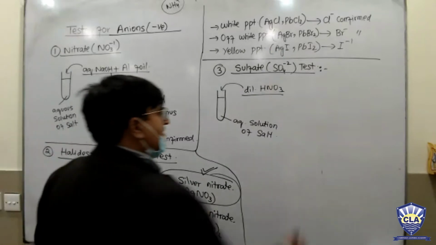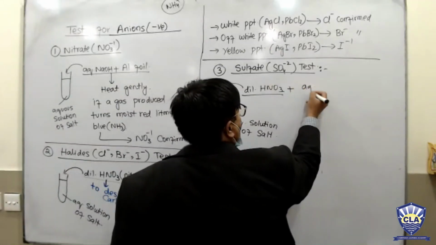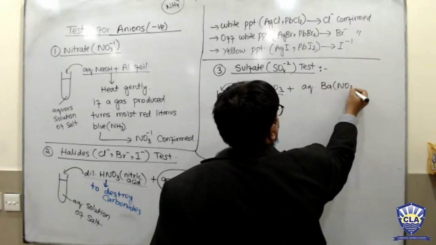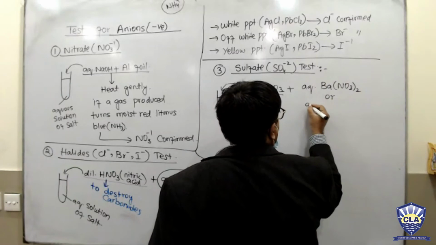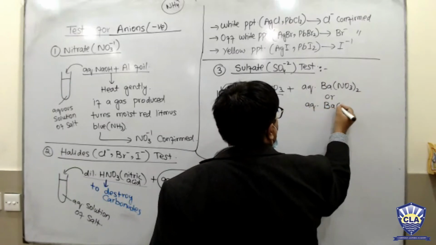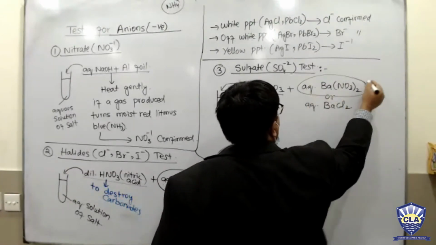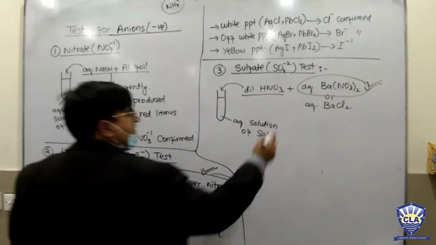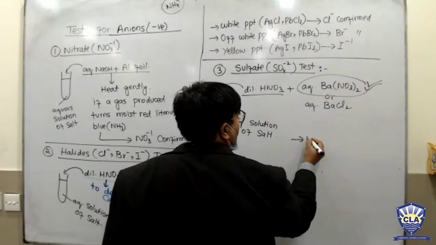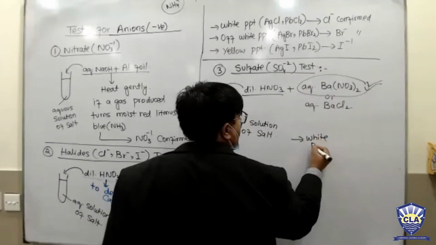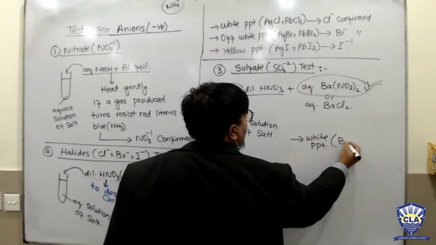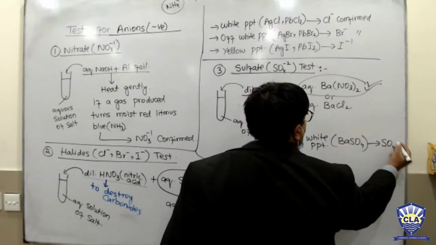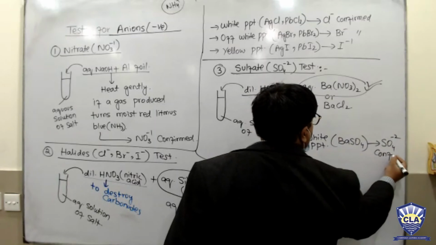Then add aqueous barium nitrate or aqueous barium chloride. You can use either, but barium nitrate is more perfect. If you add barium nitrate and a white precipitate is formed, these white precipitates are of BaSO4 and your sulfate, SO4 minus 2, is confirmed.